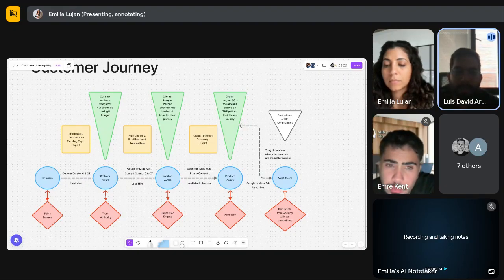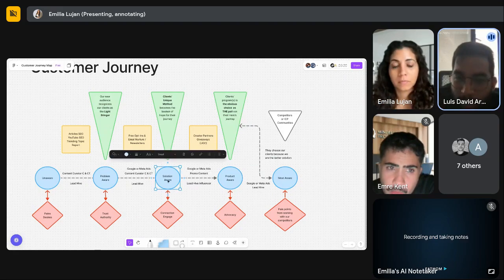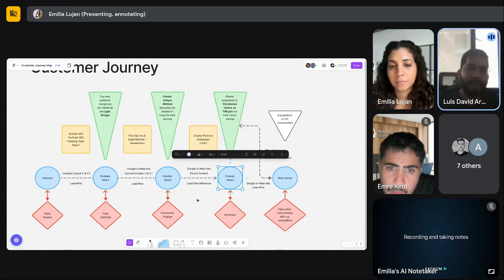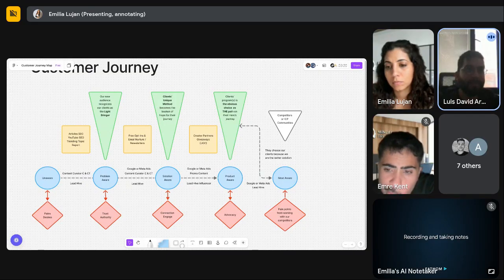So this will be maybe the third one, the third stage will be product aware, right? Or maybe solution aware will be more a long tail keyword like supplement manufacturing, and that would be the second one.